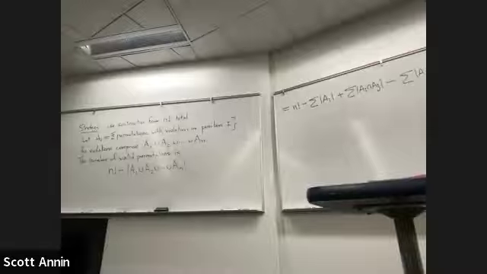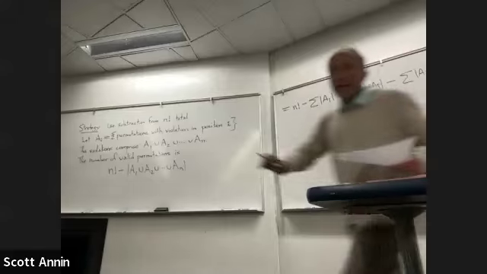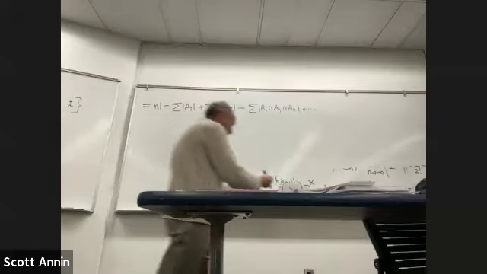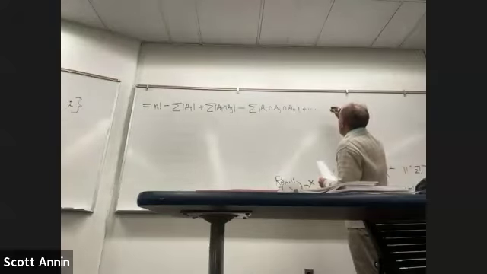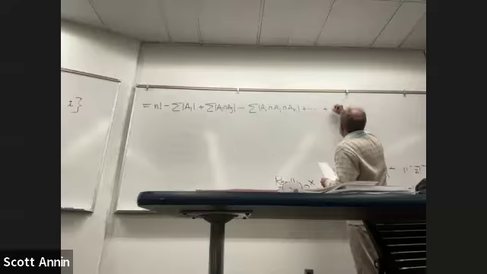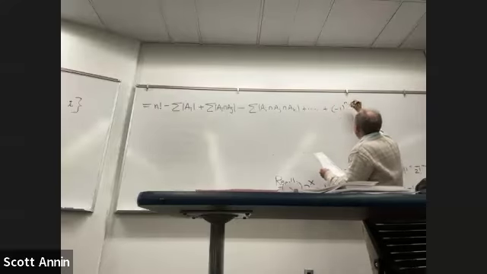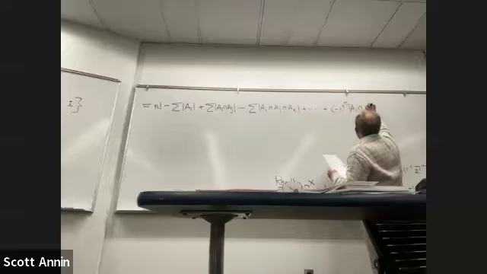We're just alternating. And the last one would be plus or minus, that is (-1) to the n, times the intersection of all of them.